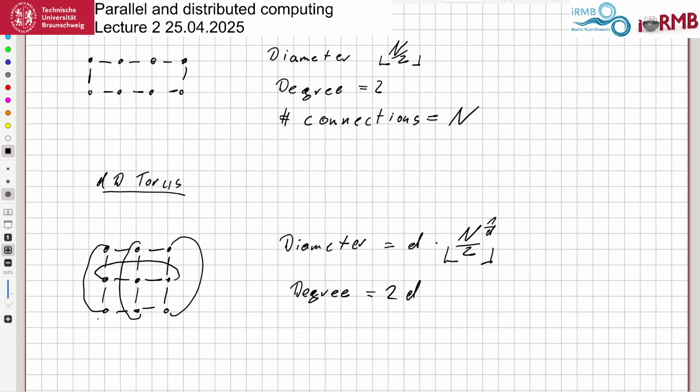The degree is 2d. The number of connections is n times d.